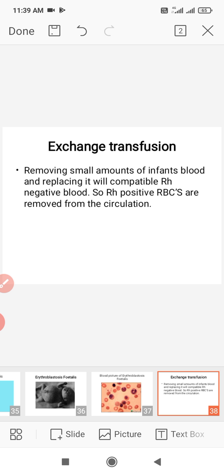First the baby is born, right? At that time we have to remove a small amount of blood from the infant and replace it with compatible Rh negative blood. So the Rh positive RBCs are removed from the circulation, whatever Rh positive RBCs are present.